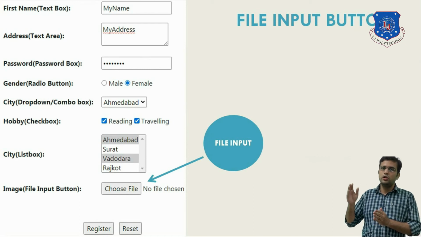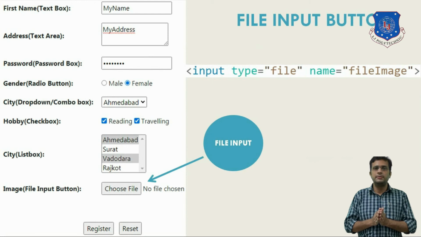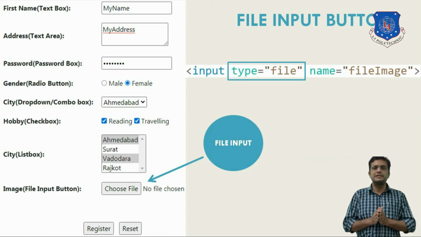So this is a code to create file input. Again we are using the same input tag and we are using file in type property. So just write file as type property and your file input element will be created. So these are the form elements which are used to accept input from user.